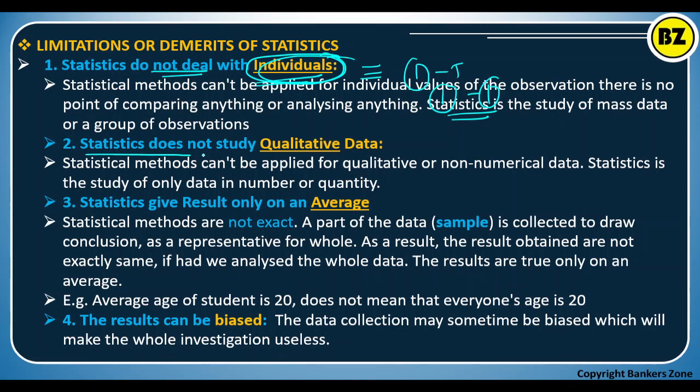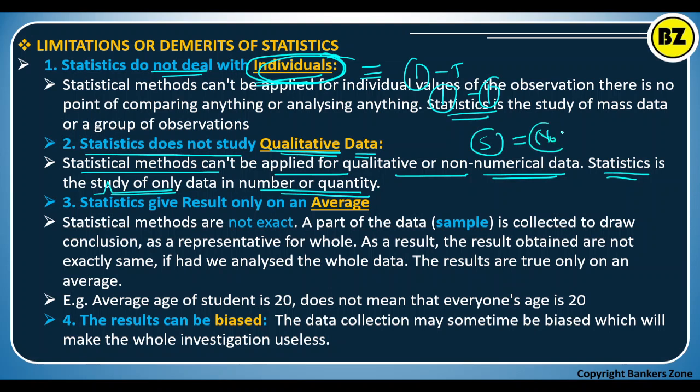And statistics does not study qualitative data. Means what? Statistical methods can't be applied to qualitative or non-numerical data. Statistics is the study of only data in numbers or quantity. Statistics is basically comparison of numbers. You cannot compare quality. For example, here are different colors: red, yellow, or green.